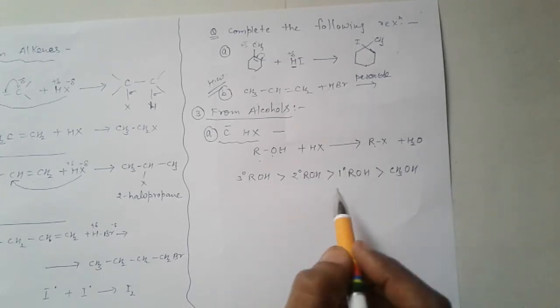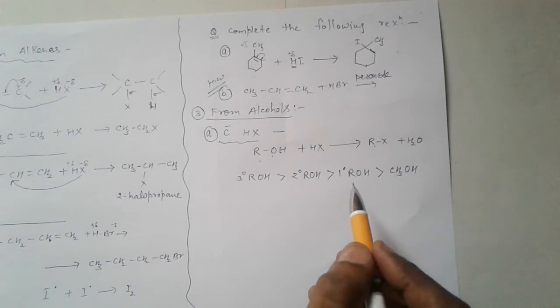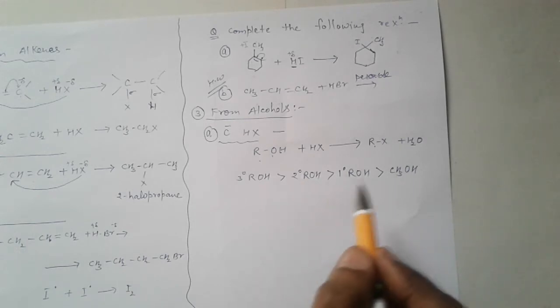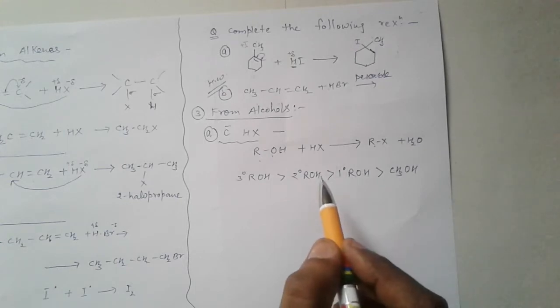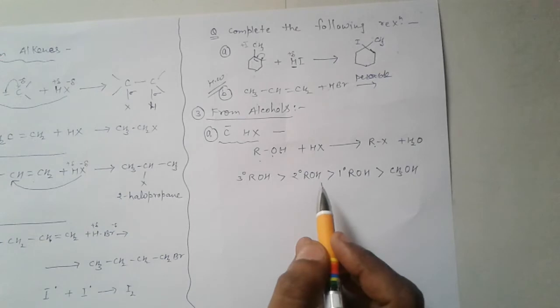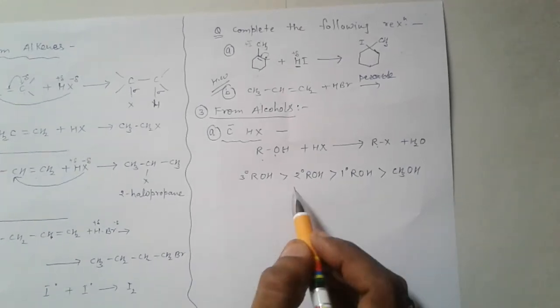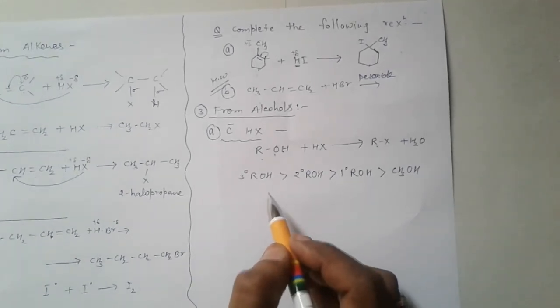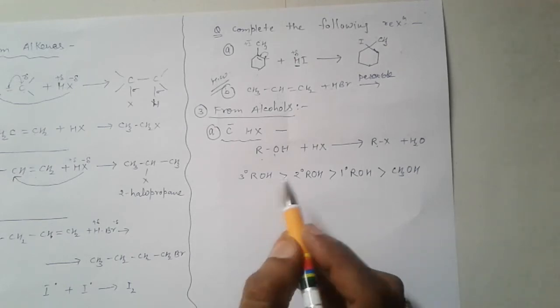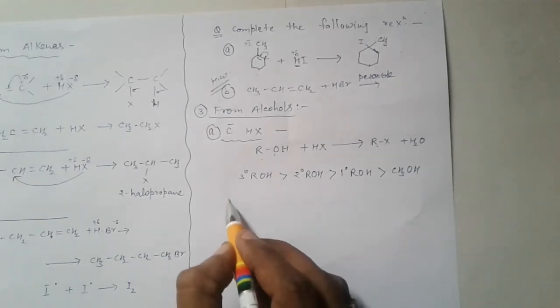HBr and HI are more reactive, so they are generated by the action of concentrated H2SO4 on sodium bromide and sodium iodide respectively. So we take an example for preparation of alkyl bromide and alkyl iodide.